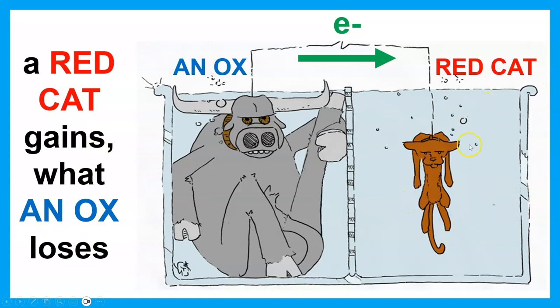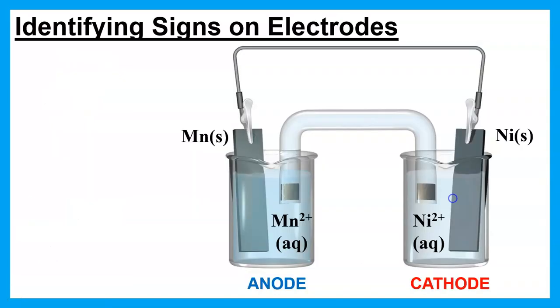So this poor skinny little red cat over here, reduction cathode, is going to be gaining mass, and that mass is because this poor ox over here is going to be losing mass. An-ox, anode, oxidation. Losing mass over here, gaining mass over here. Okay. So we're gaining not just electrons, but we'll be gaining mass.